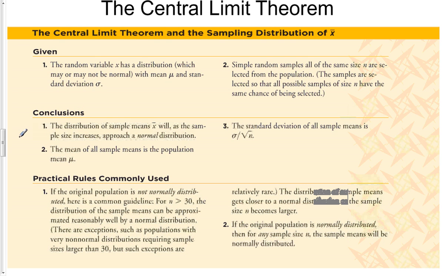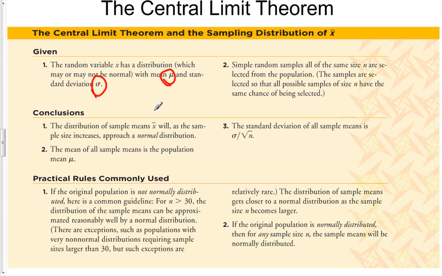All right, and the central limit theorem says, well, let's take a look at the theorem. We have some given information. So these are the criteria that have to be met in order for you to apply the central limit theorem. The first criterion is the random variable x has a distribution which may or may not be normal, with mean of mu and standard deviation of sigma.